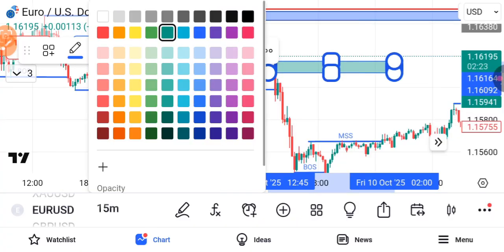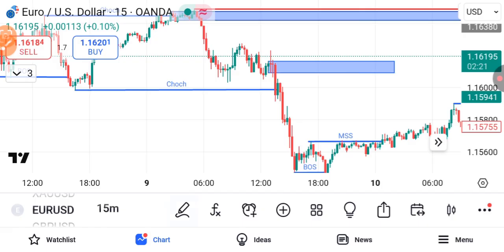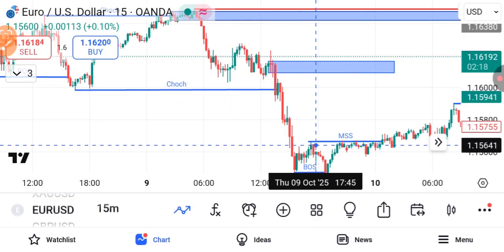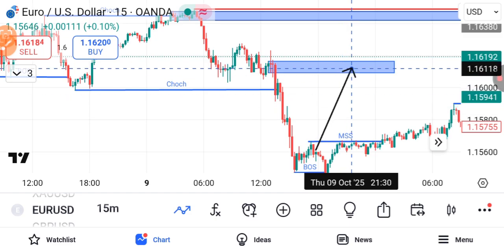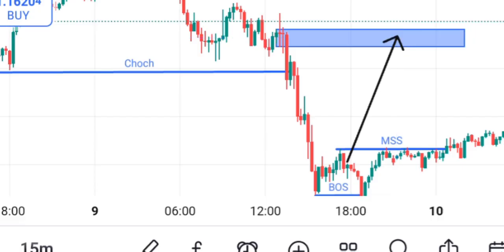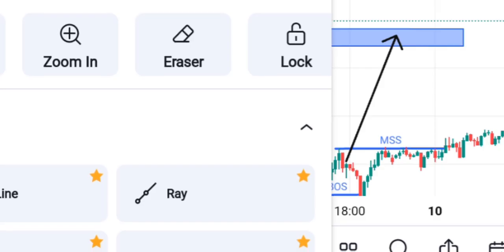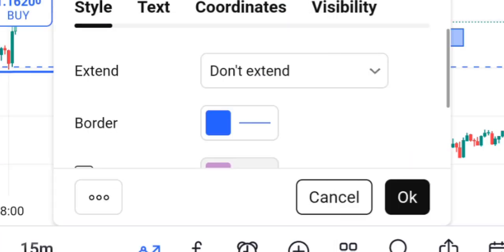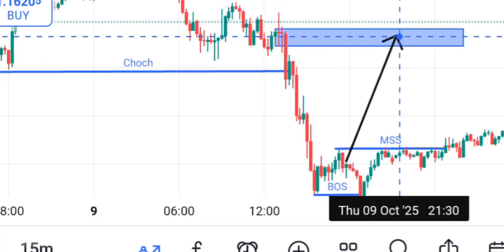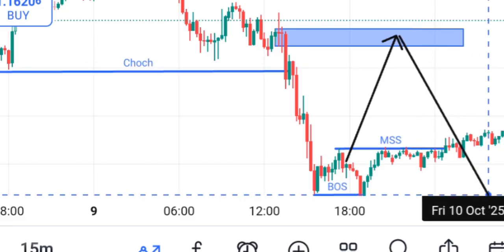Let me change the color. So we expect the price to turn back into this for a correction before moving down again. We expect price to move into this order block before continuing bearish.